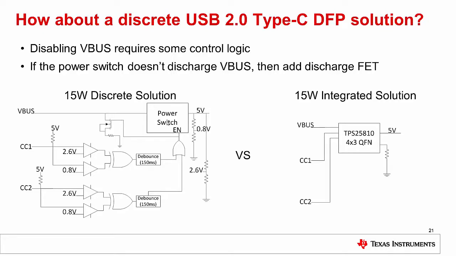So that would implement the cold socket part of this requirement. So you can see there's quite a few little discrete components required to achieve that. And in some cases, the power switches don't discharge VBus, which we need to do. So you may have to have a switch like this to discharge VBus in the end.